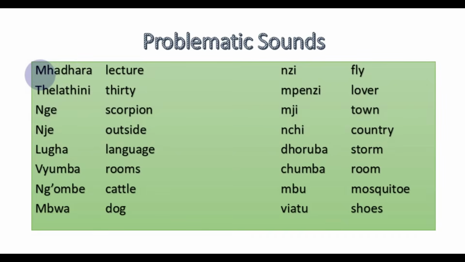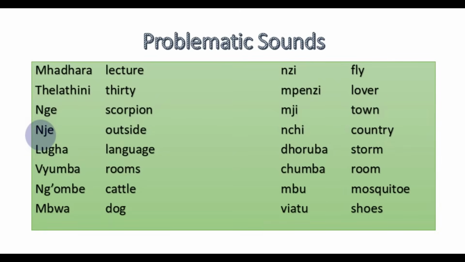This is mhadhara, a lecture. Thelathini, 30, it's a number. Nge, it's a scorpion. The N sound usually comes from the nose. It's a nasal sound.